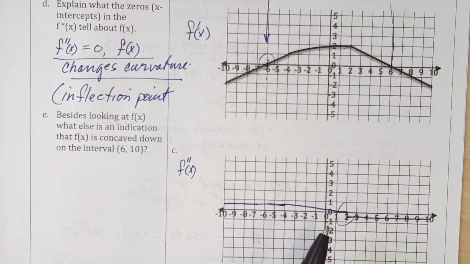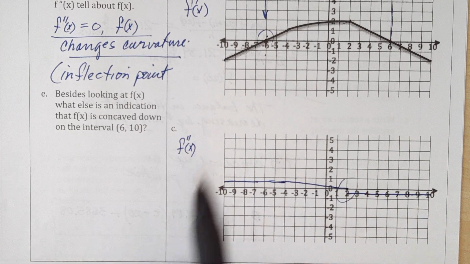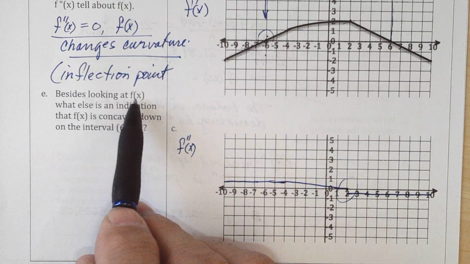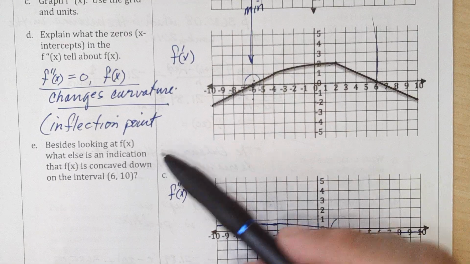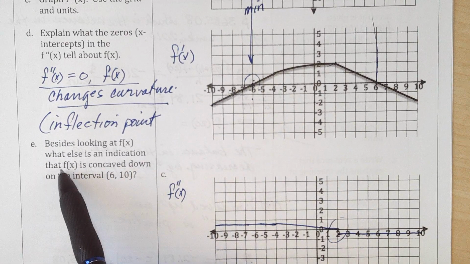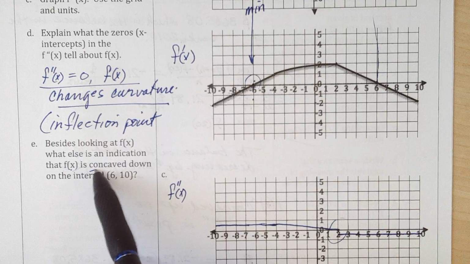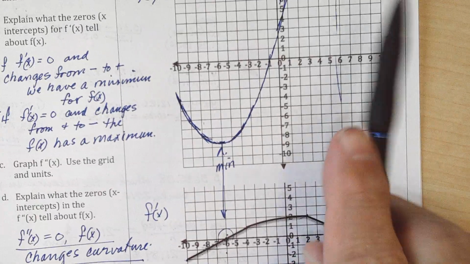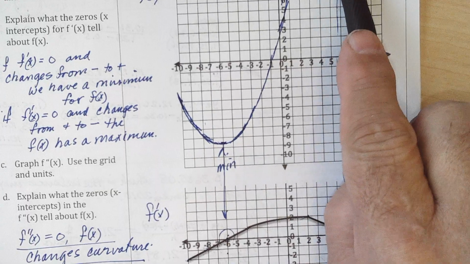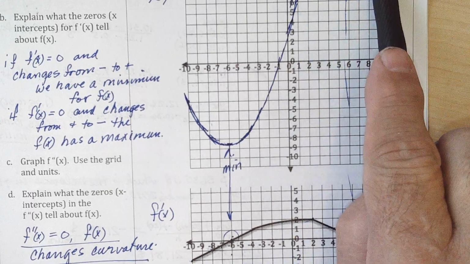All right, final question. Besides looking at f of x, looking at this one, what else is an indication that f of x is concave down in the area from 6 to 10? Well, it's concave down there. It's actually concave down for more.